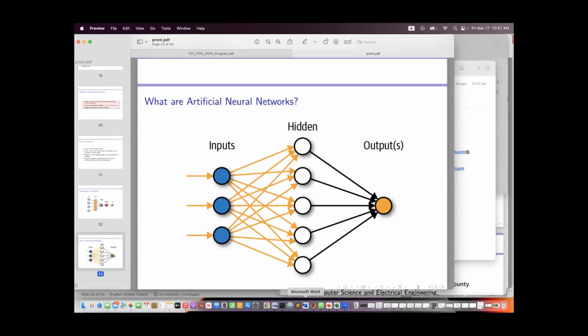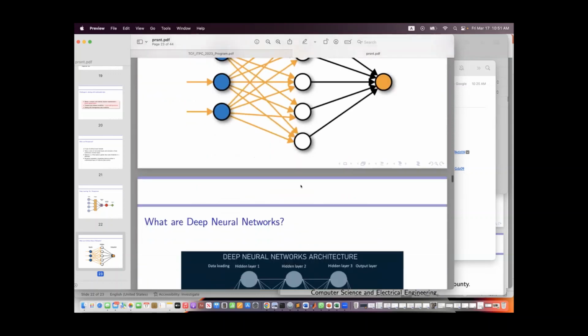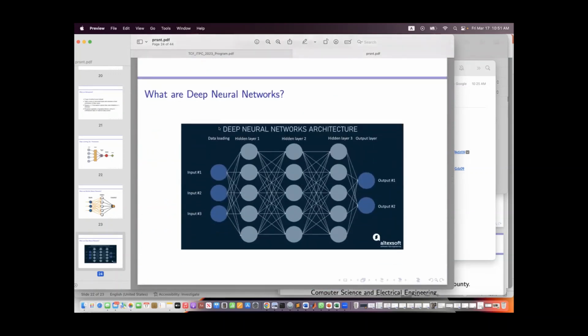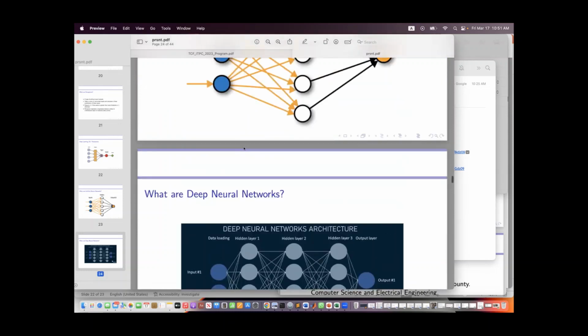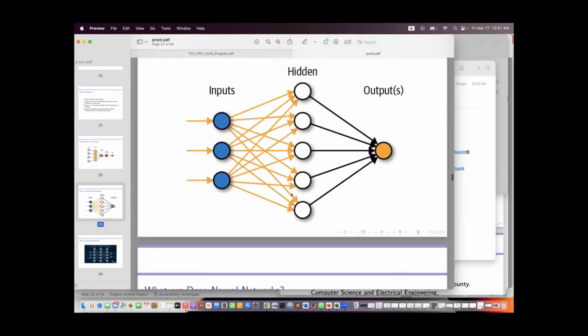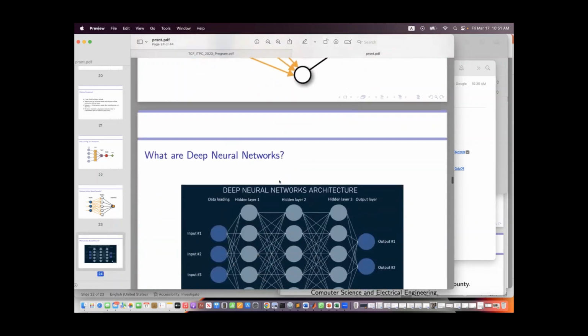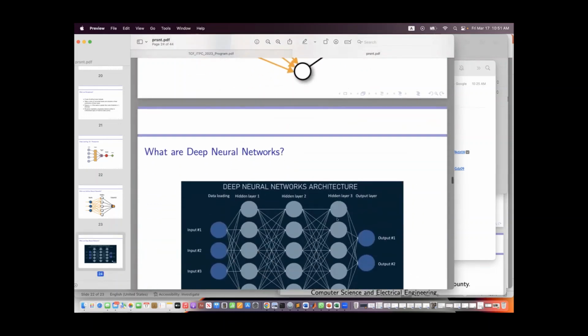And once you have a really complicated network structure like this, you have multiple inputs to deal with, as well as potentially multiple outputs. The word deep in deep neural networks comes because instead of having one hidden layer, like we have here, you could stack up the hidden layers and get many of those, and then you really have a deep neural network going.